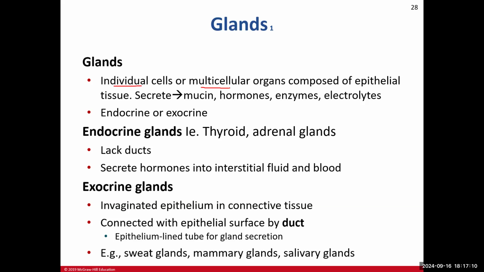So therefore, when they're secreting something, they are going to release those secretions either directly into your bloodstream or into what we call the interstitial fluid, which is the fluid that resides outside of your cells. Okay, so outside of your cells, you have interstitial fluid, and then you have blood vessels.